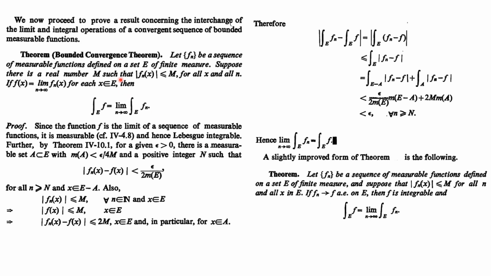So you have to do this theorem by considering E1 a subset of E. On E minus E1, the measure is 0. Clear to everyone? Now I am going to prove this theorem.